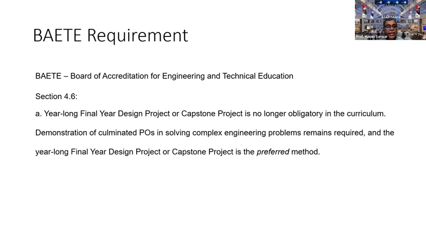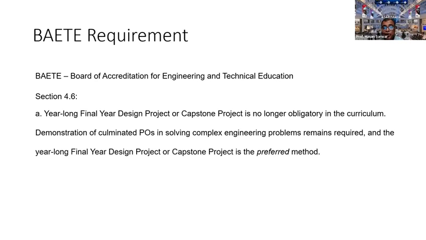You can see that in section 4.6, they are saying a year-long final year design project or capstone project is no longer obligatory in the curriculum, but demonstration of culminated POs in solving complex engineering problems remains required, and the year-long final year design project or capstone project is the preferred method. So the manual signifies the importance, the culmination of all the POs.